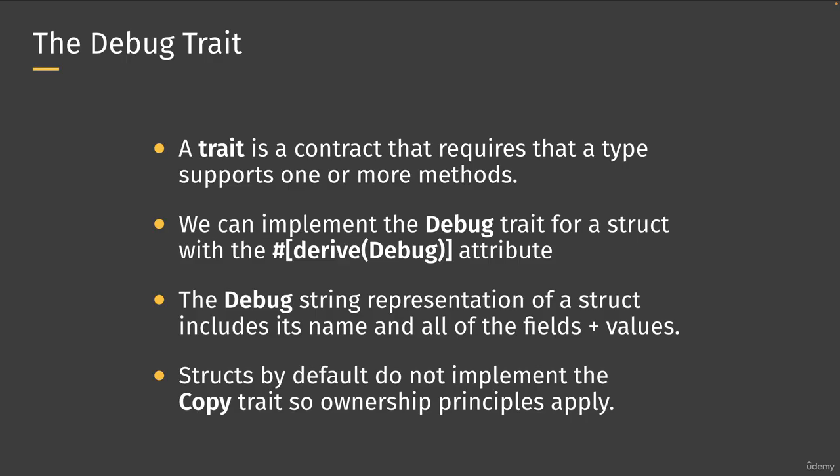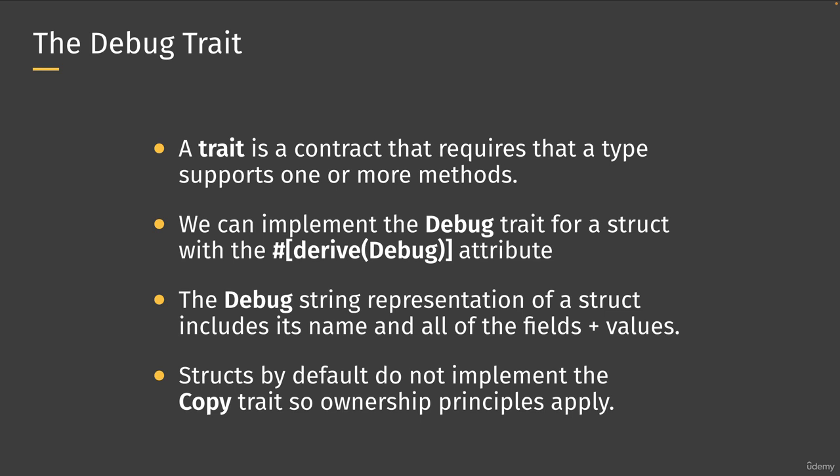We also talked about the debug trait. As a reminder, a trait is a contract that requires that a type supports one or more methods. By default, we cannot output our struct in either the display or debug format because it does not support either one of those traits. And what we can do is use a shortcut, which is the derive attribute.